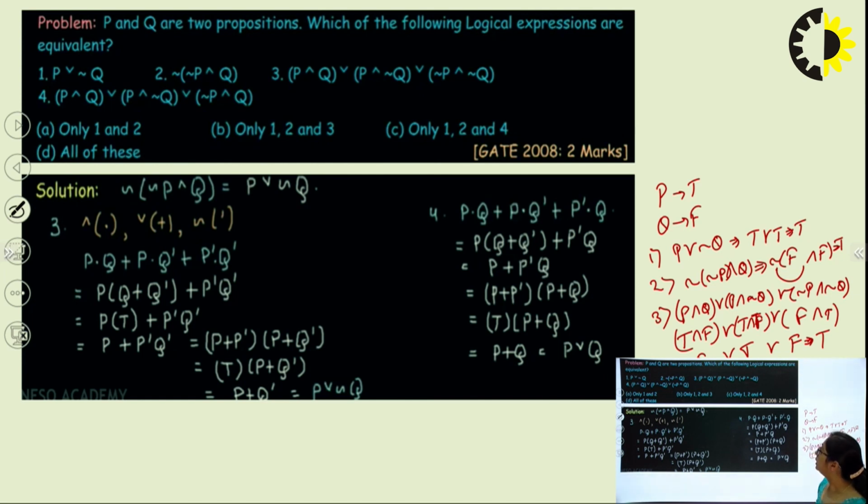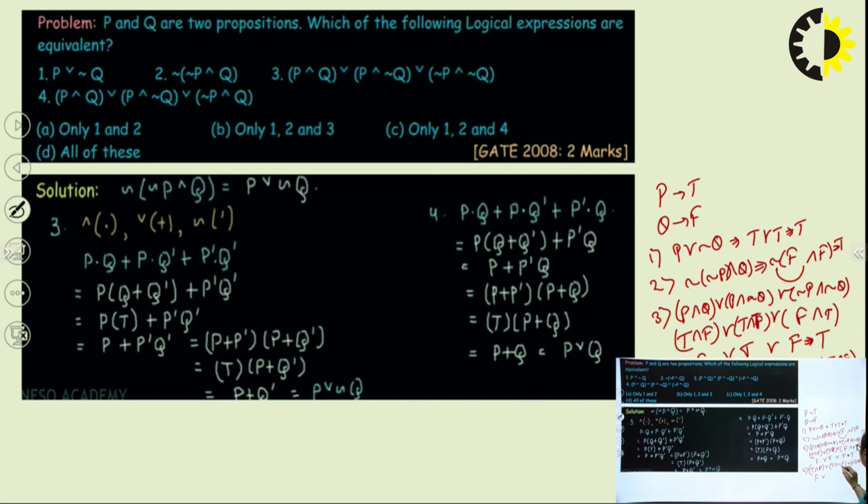And the fourth one, here we can consider P. So directly we can say that P is true and false. So we got here true and false, that will give you the false value.